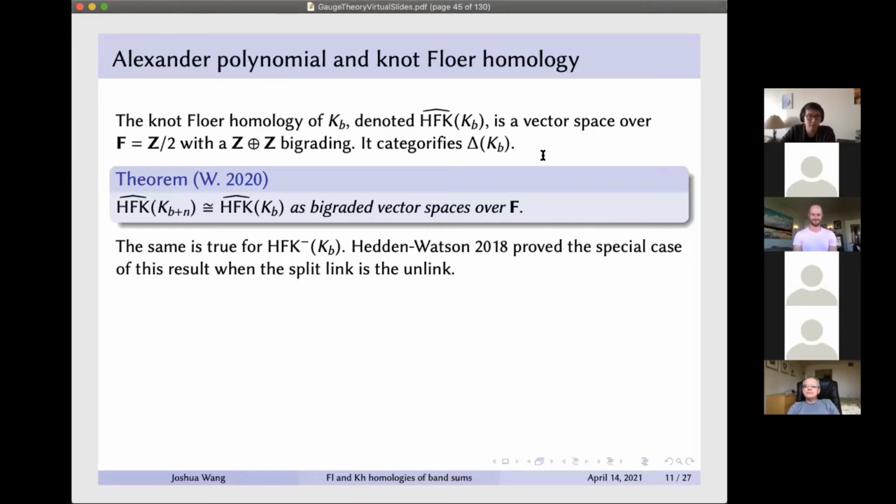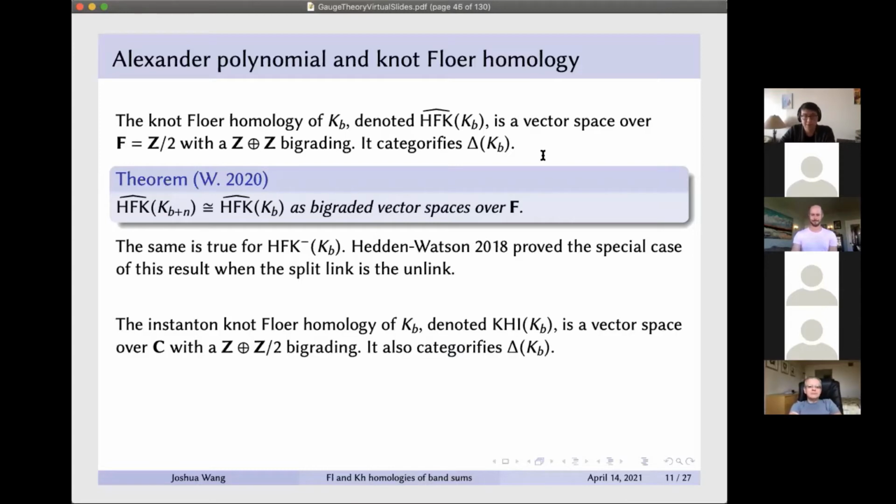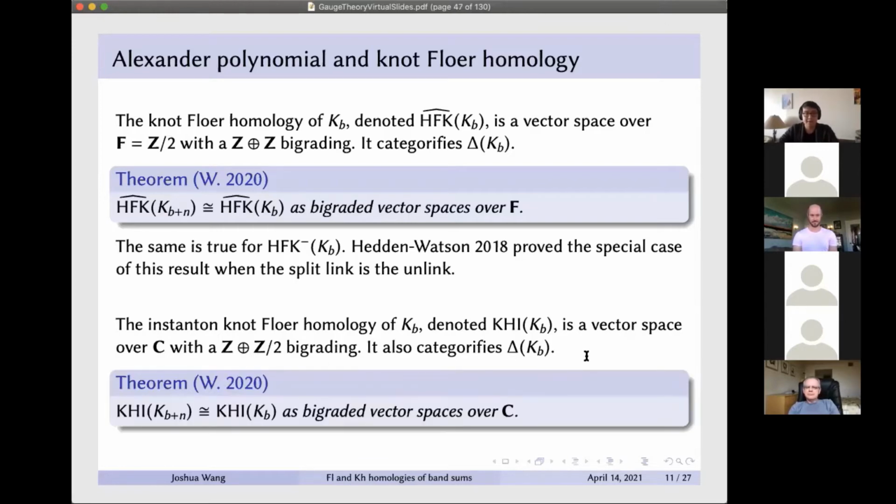Now there's another categorification of the Alexander polynomial, instanton knot Floer homology, defined by Kronheimer and Mrowka. It's also a vector space over the complex numbers, and it comes with two gradings, and it similarly categorifies the Alexander polynomial, and it also does not change when you add full twists to the band.